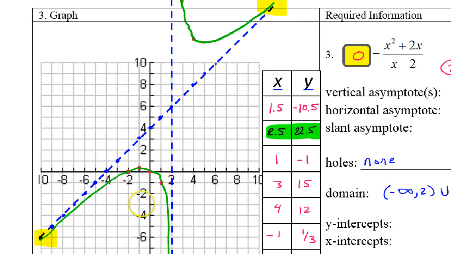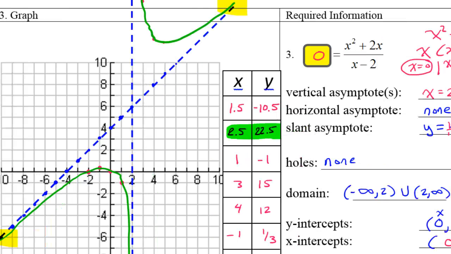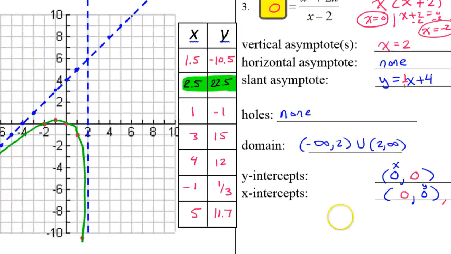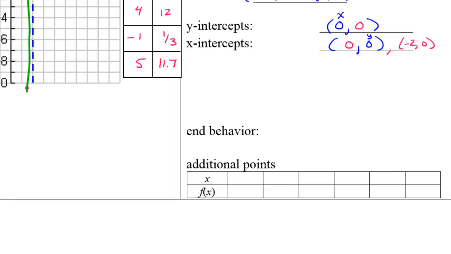That's it. So as we go to the left, this graph is just falling forever. So as we go to the left, the function is approaching negative infinity. As we go to the right, it's just going up into the sky. So as we go to the right, the graph is approaching positive infinity. Okay, so our end behavior will look like this.